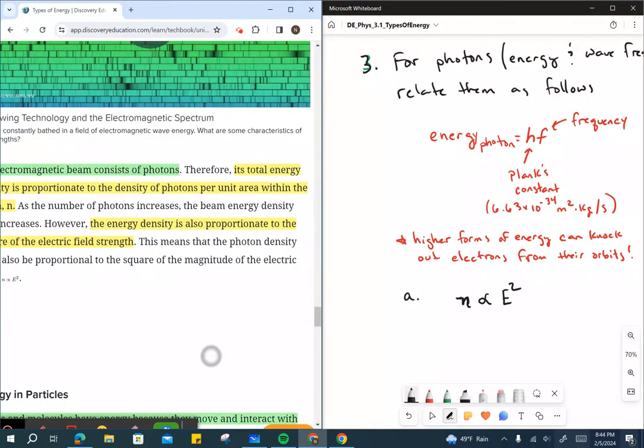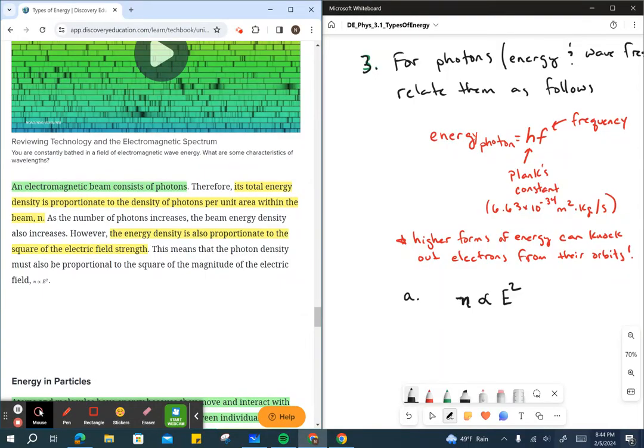So remember the definition here, N: its total energy density is proportionate to the density of the photons per unit area. Okay, so that's what that means.